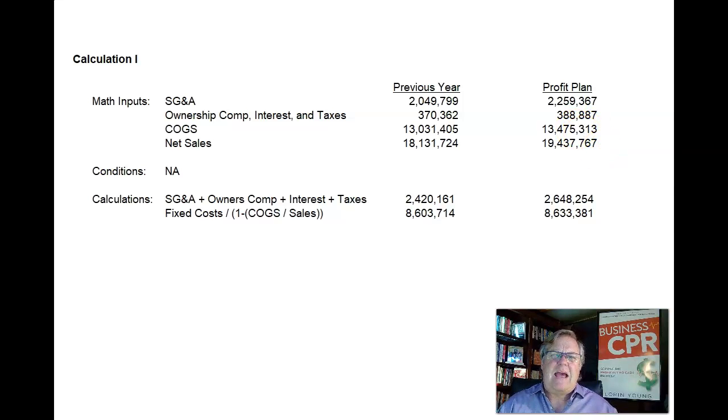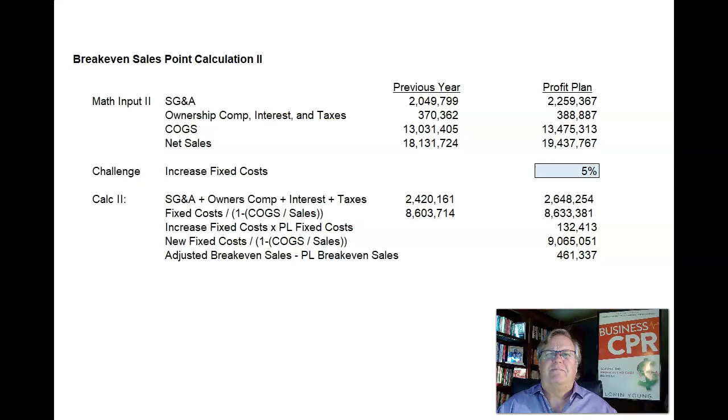Now let's look at a scenario here. Fixed costs go up 5%. And so what does that mean? Well, if you pick up an extra $132,000 in fixed costs beyond what you planned them to be, that means you've got to generate at least $460,000 in sales to cover that $132,000 increase in fixed costs.